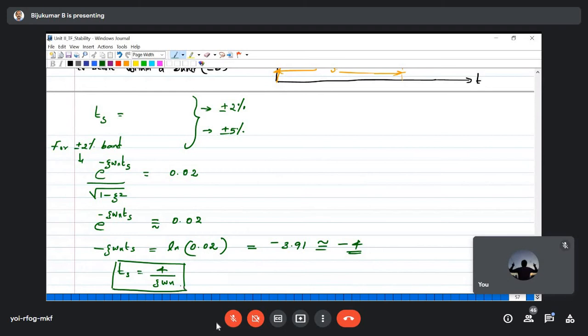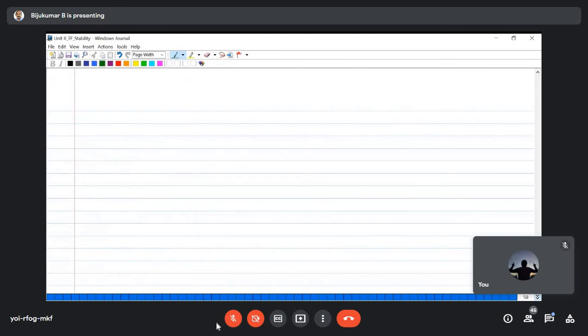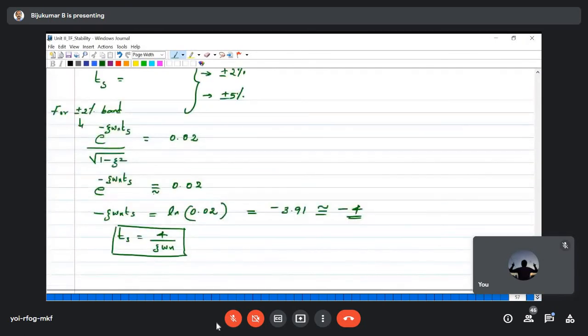This will be the settling time of a second order system for plus or minus 2%. Clear? And it can be written as 4T, where T is equal to 1 by zeta omega n, the time constant of the system.